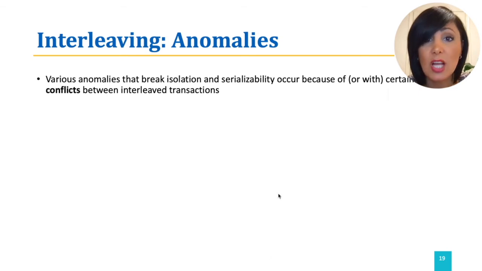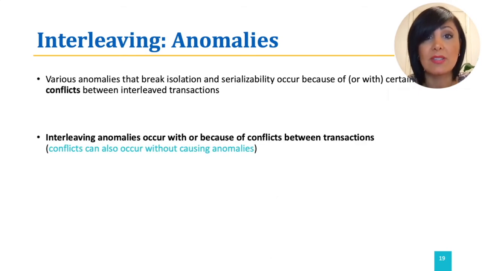This does not mean that conflicts always result in anomalies. We may still have conflicts that happen without causing any anomalies. But what is a conflict? And what do we need to check to ensure that conflicts are not happening?